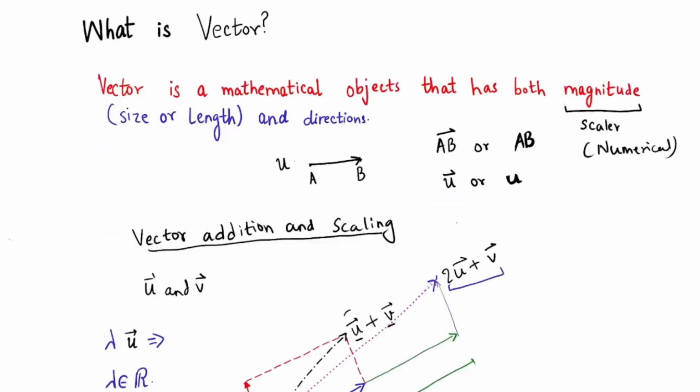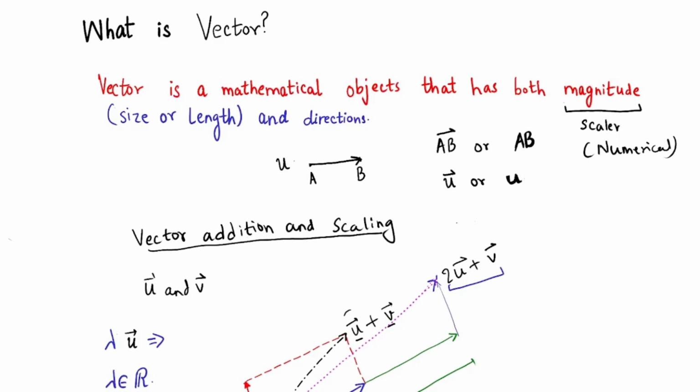What is a vector? A vector is a mathematical object that has both magnitude and direction. Here magnitude can represent the size or the length of the mathematical object, and the direction of that mathematical object.